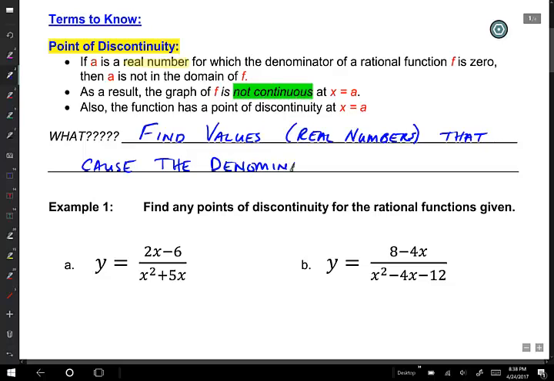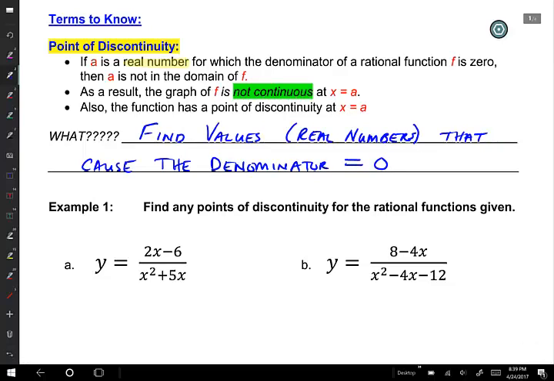So all that means is we're looking to figure out, when we look at the denominator and focus on that, what will cause that denominator to equal 0. Now we may have to factor it, we may have to take out GCFs or things like that, but that is the main idea of what a point of discontinuity is.